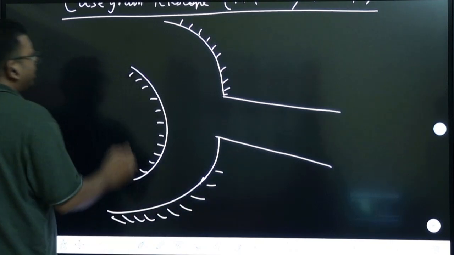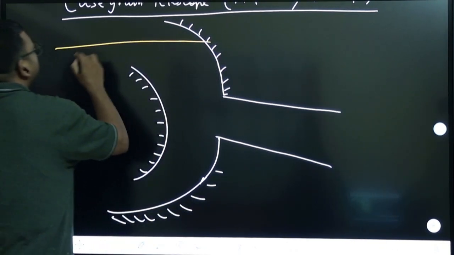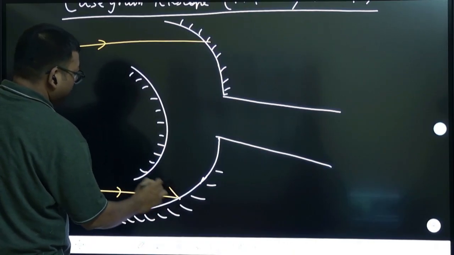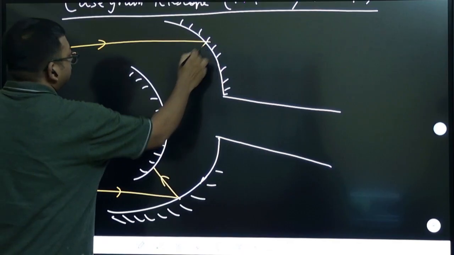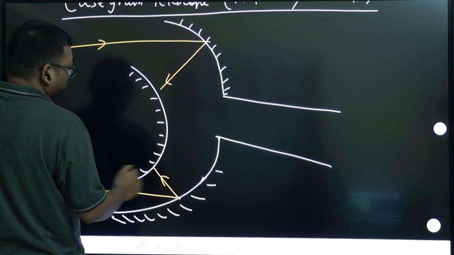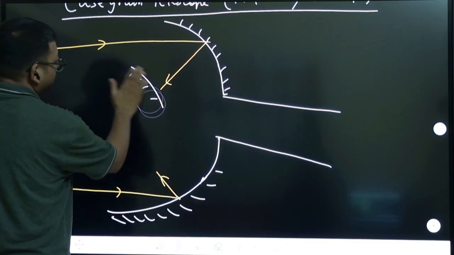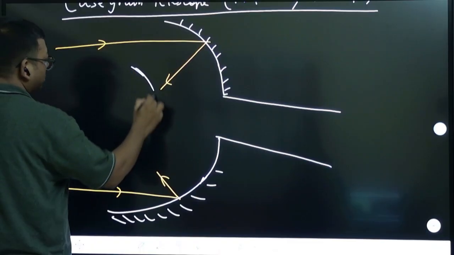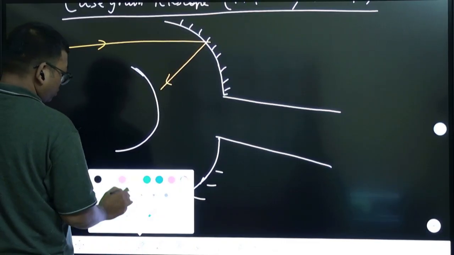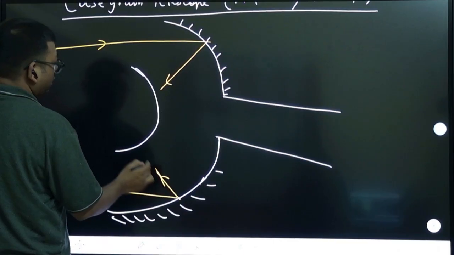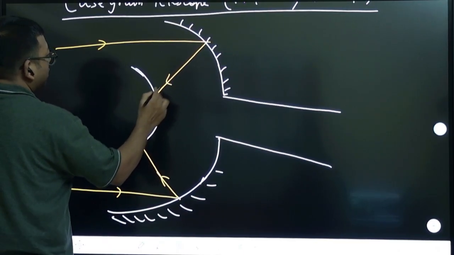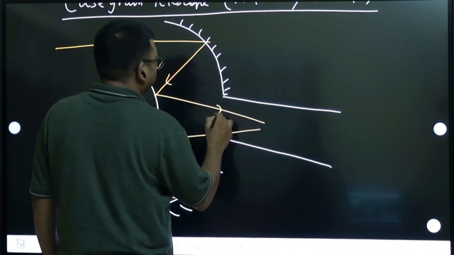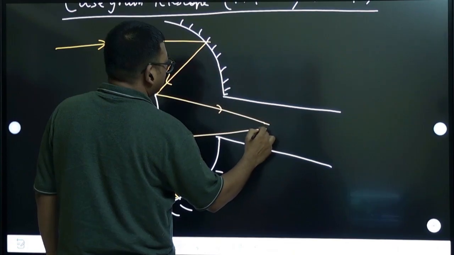The rays of light which are coming this way get reflected here, and then they are reflected again. They hit it, go like this, and meet here.